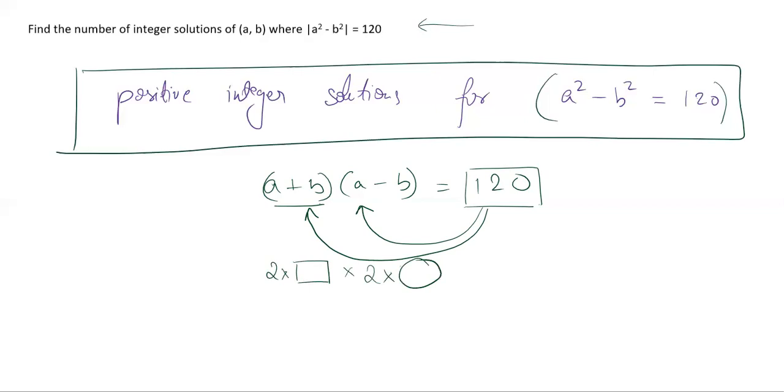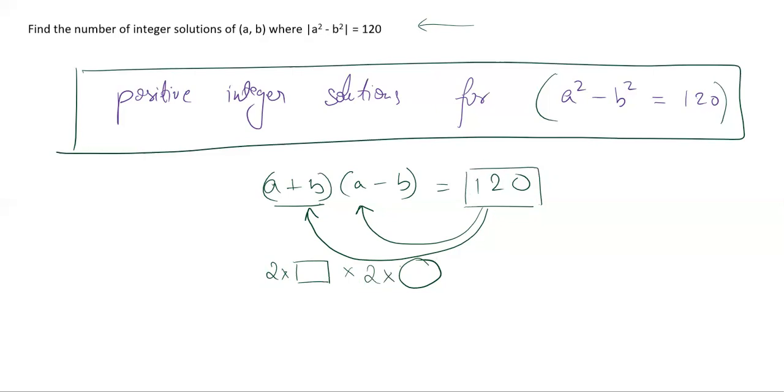Now, once this transfer has happened, whatever appears in this block and this block doesn't matter. A plus b will always be even, as well as a minus b will always be even, right? This is pretty obvious. Now, we also need to understand what happens to 120 after the transfer.